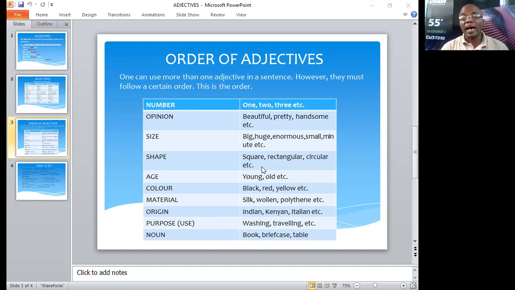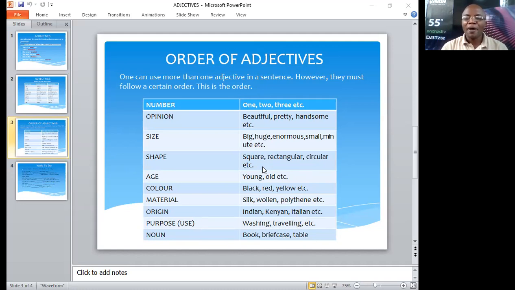Now, let me take the bother to give some examples. I bought a pretty, big, black, silk, Italian traveling dress for my daughter. You understand that?